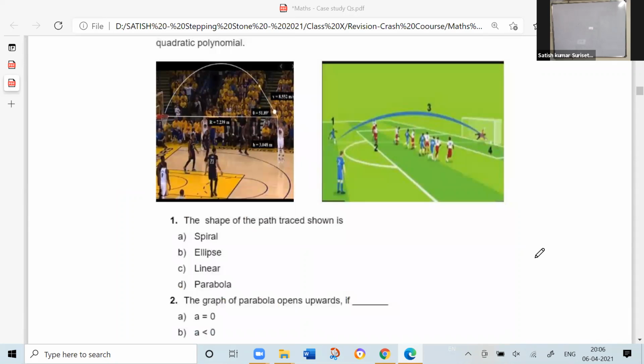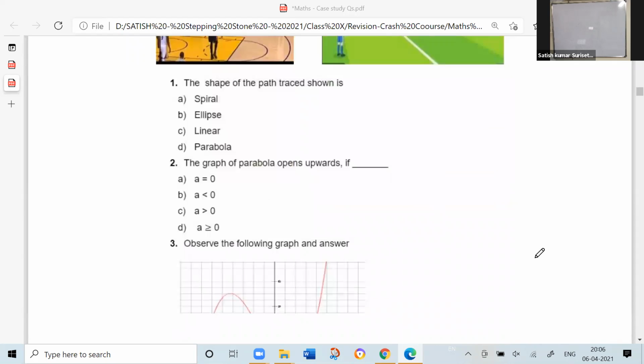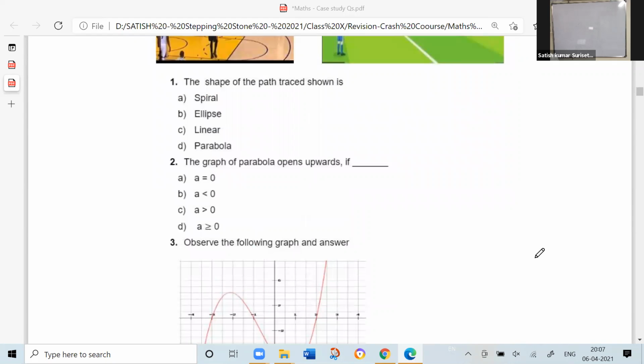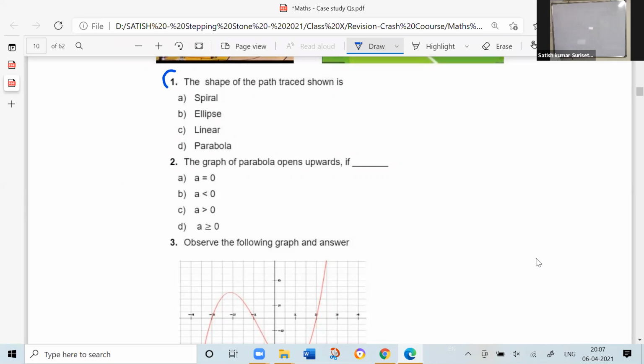Now, first one. Go through the question and tell me the answer. Sir, option D, first answer. Correct. So the first one is: the shape of the path traced is a parabola. Check fast. Second one, the graph of a parabola opens upwards if.